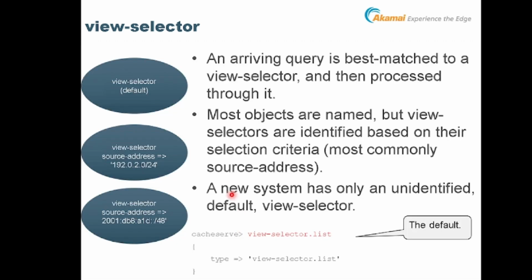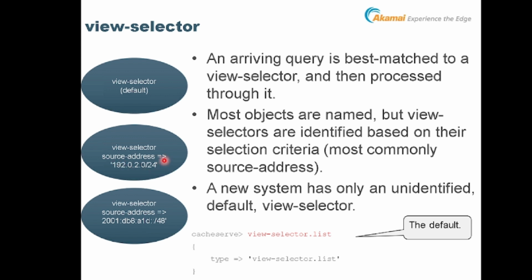So if I go back to my picture here, this comment is going to make a little bit more sense, because I can create a view selector that has a source address here. This source address happens to be a block of IP addresses, which says this represents the filter for anything that comes from 192.0.2.